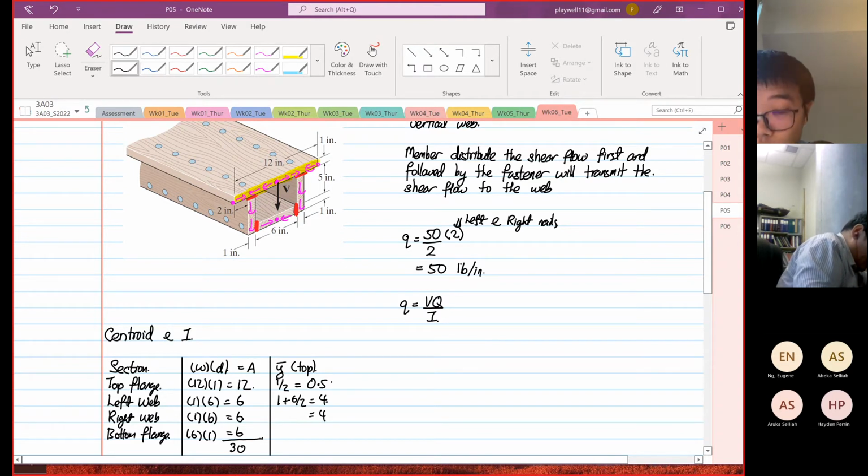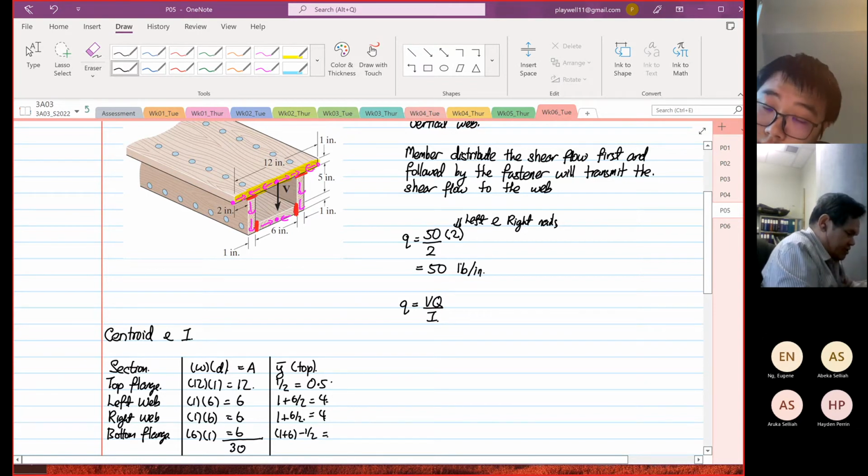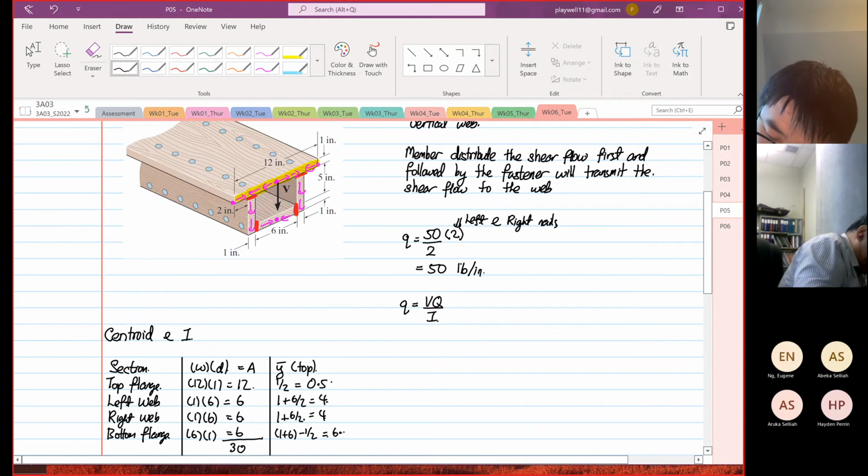This is also equal to 4, the same thing. Then we have 1 plus 6 minus 1 divided by 2. So 1 plus 6 minus 0.5 is equal to 6.5.